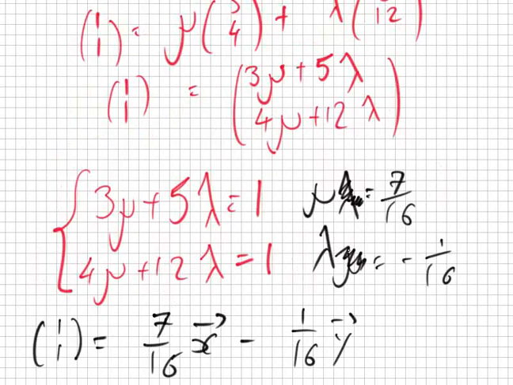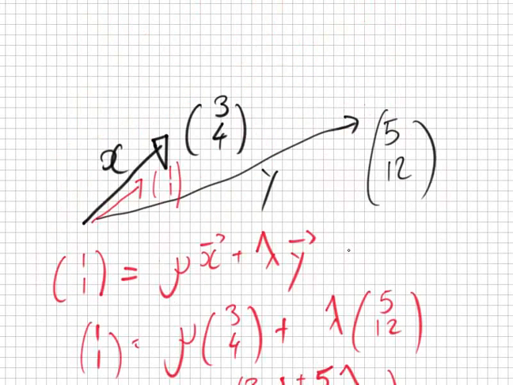It is quite common for them to ask you to find the numbers in front of vectors, the lambda and the mu. So if you look back, I gave you the x, I gave you the y, and I asked you to write (1, 1) in terms of x and y. That would be a very likely, maybe not a section A question, but a part of a section B question.